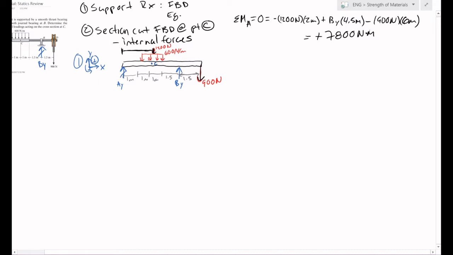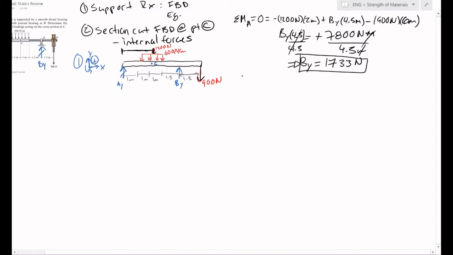But then we'll add it to the other side, get By over here, divide both sides by this 4.5, get that By is equal to 1,733 Newtons. These meters will cancel out.